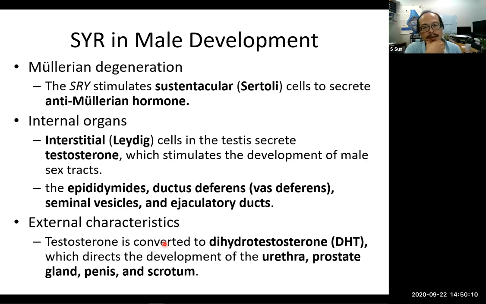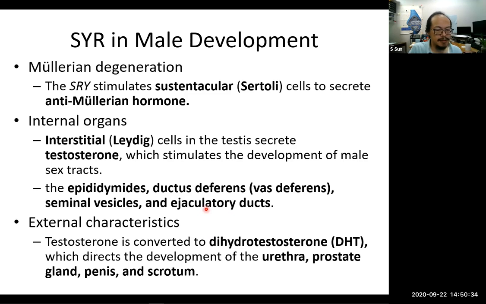Where do we get the testosterone from? The Leydig cells. What's important to develop the external sex features like penis, scrotum, etc.? We need DHT. Okay, so that's that.